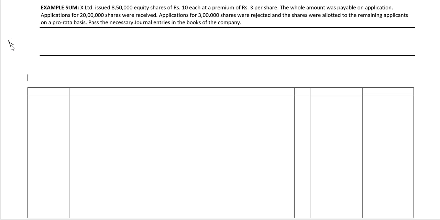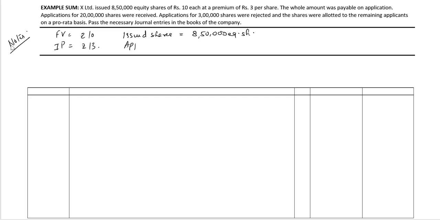Before we go ahead with the solution, we'll write a few notes. The face value of the share is rupees 10. It's issued at rupees 3 premium. Therefore, issue price of the share is rupees 13. The total number of shares issued is 8,50,000 equity shares.